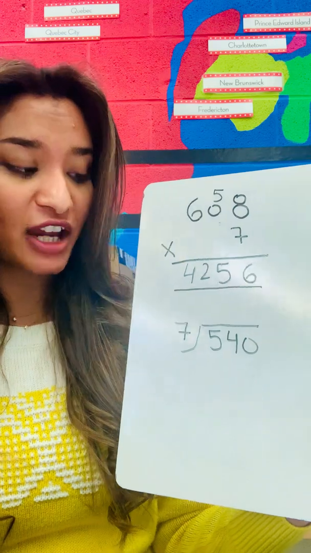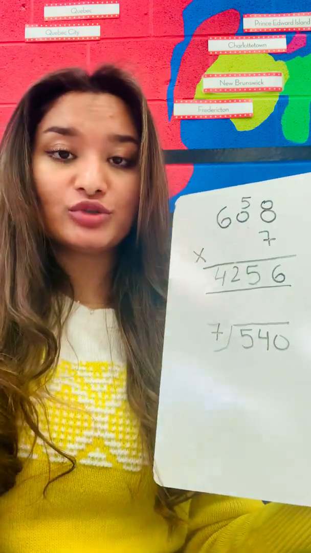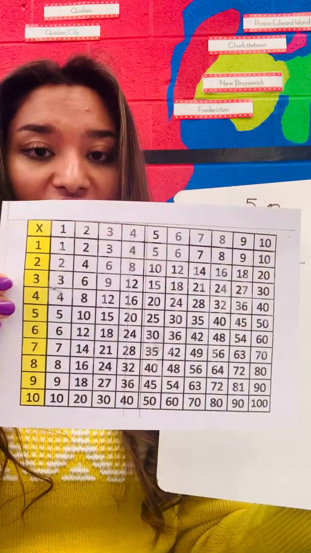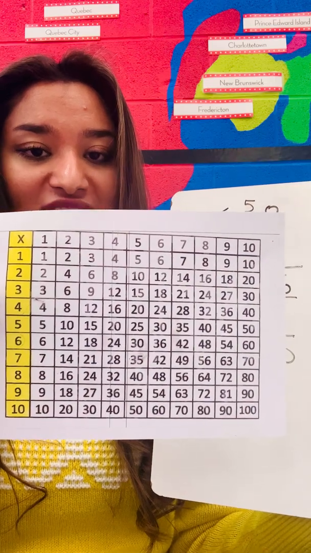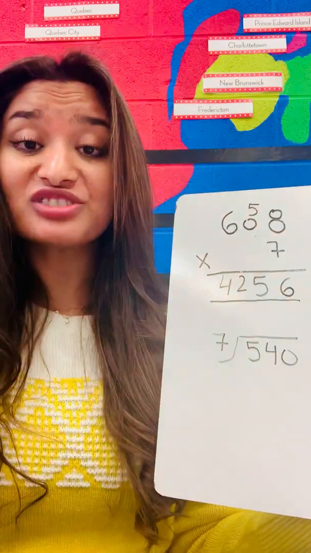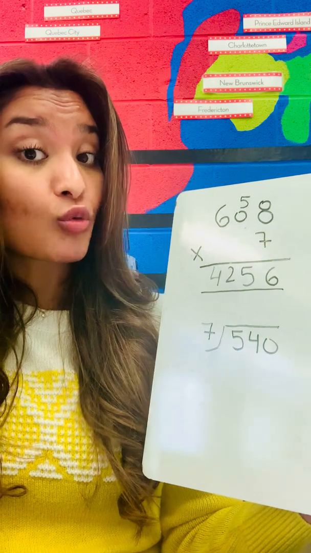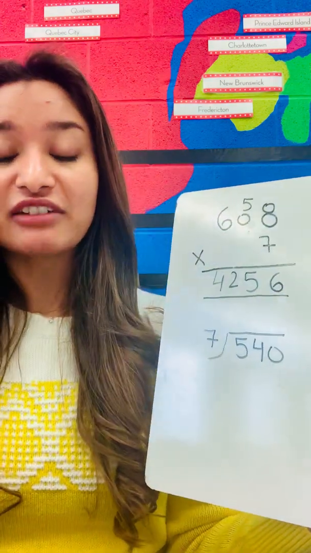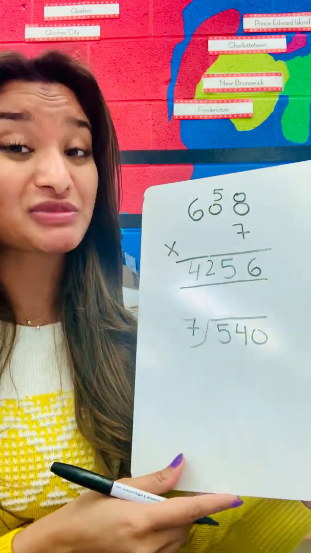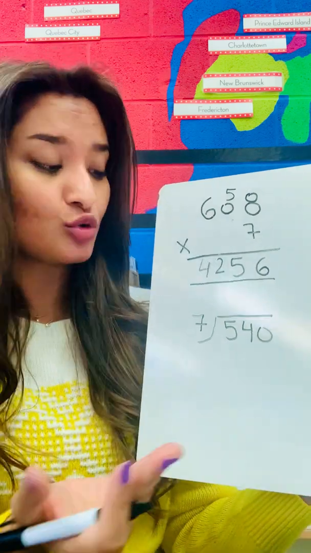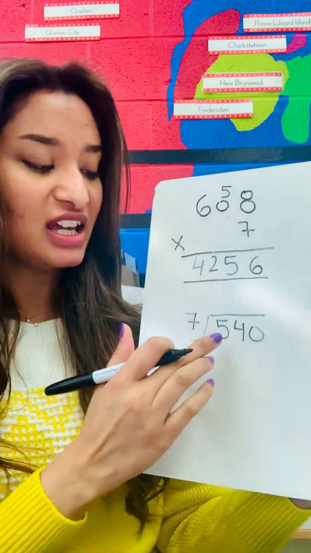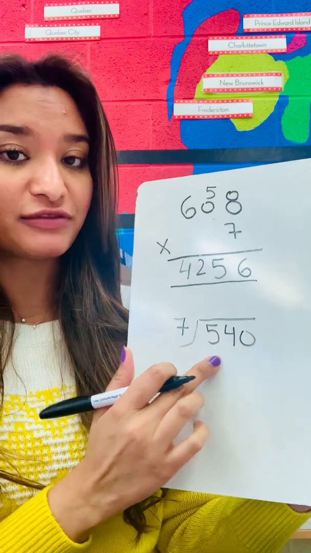I say my 7 times table, or I use this sheet and look at the multiples of 7, and I see that the closest I can get to is 49. 7 times 7 gives me 49, because 7 times 8 gives me 56. That's too big. I'm not looking for 56. I need something smaller than 54.